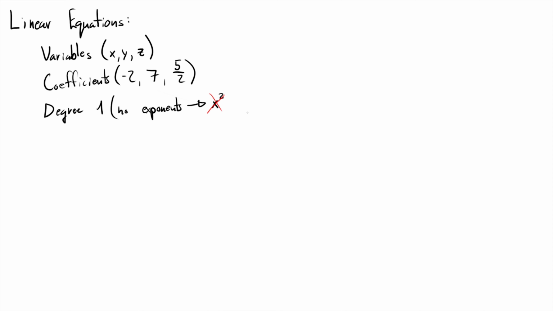This would not be a linear equation. We can't have something like the square root of y, because the square root of y can be rewritten as y to the exponent 1/2. So this wouldn't be a linear equation either. Okay, so no exponents. And that's all we need for a linear equation.